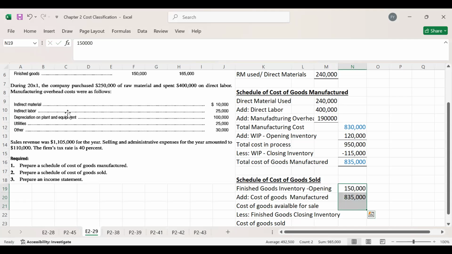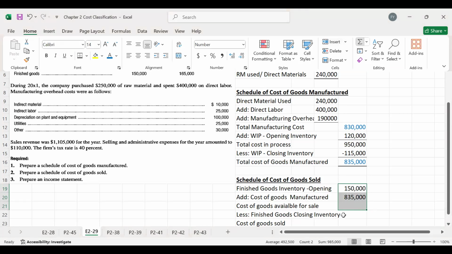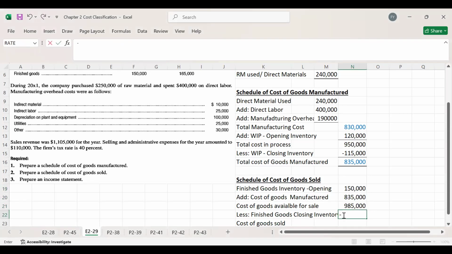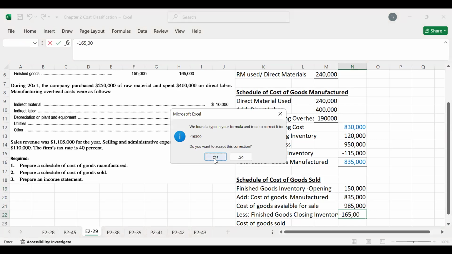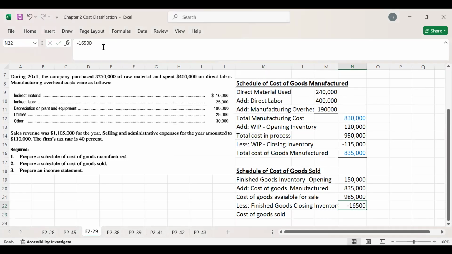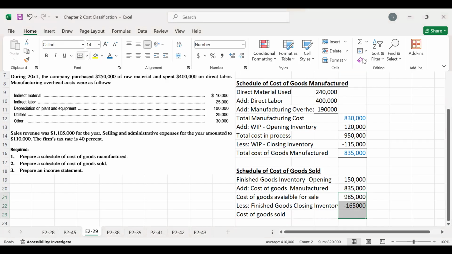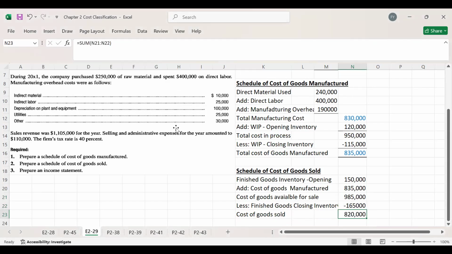So we add all these two. Then we deduct finished goods closing, which is $165,000. So our total cost of goods sold would be 820.